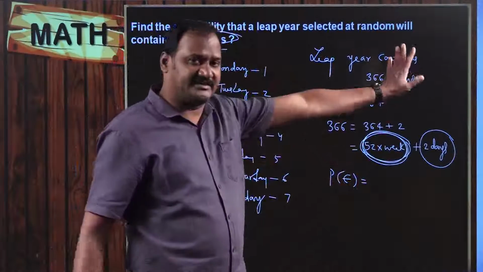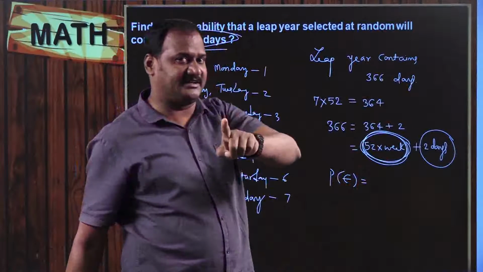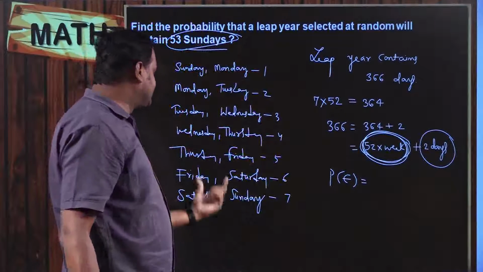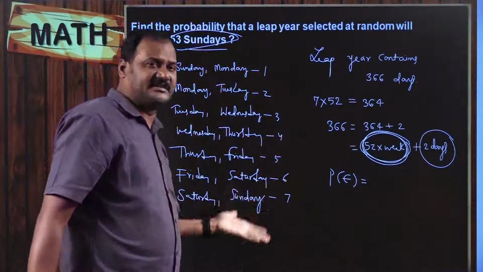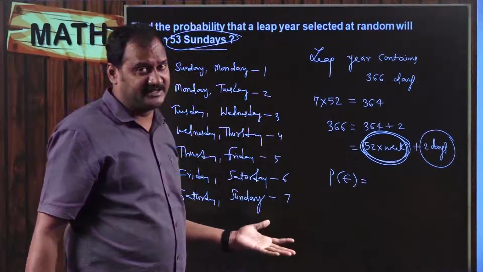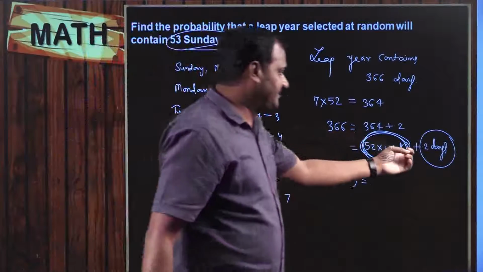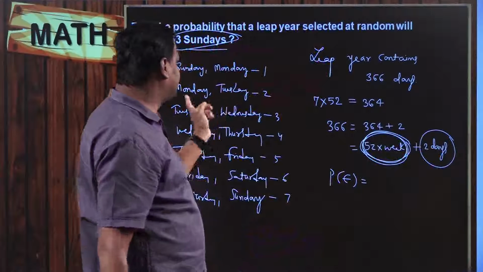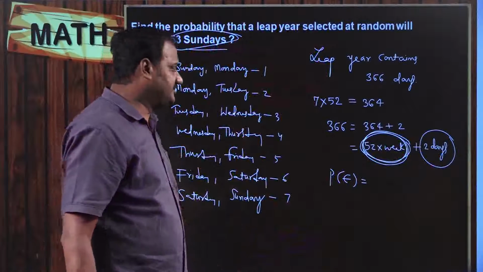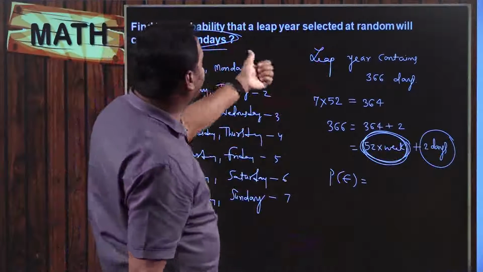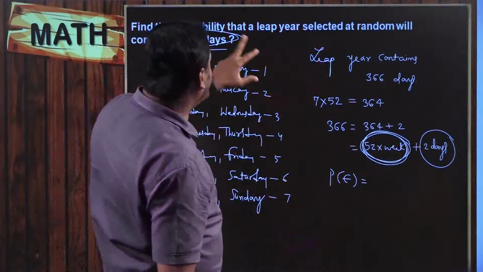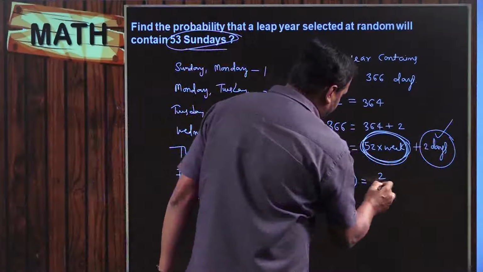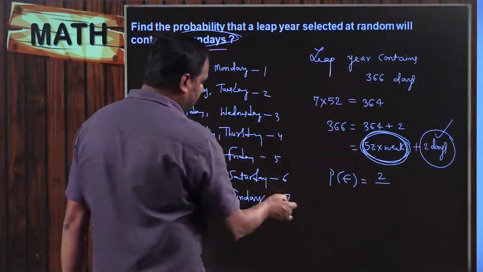Already 52 Sundays are there, and the remaining 1 Sunday must come from these 2 days, either in this pair or this pair, out of these seven possibilities. So the probability of getting 53 Sundays is: the number of favorable possibilities is 2, and the total number of possibilities is 7.